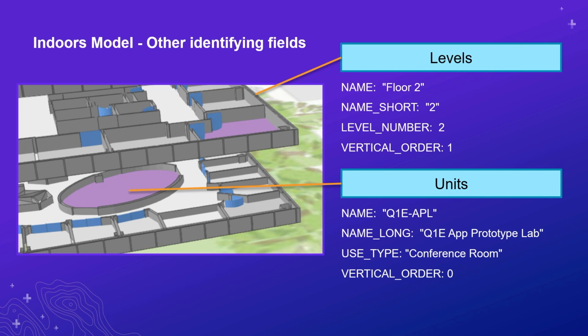The Units feature class has a use type attribute you can use for labeling and symbology. In this screenshot, all of the units with a use type of conference room are colored purple, making it easy to see where the conference rooms are on each floor.